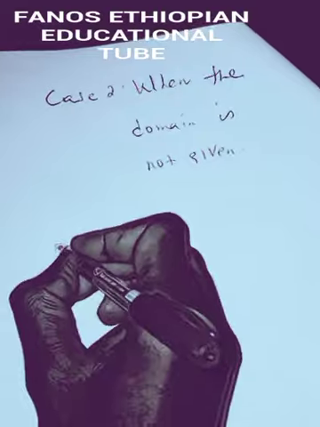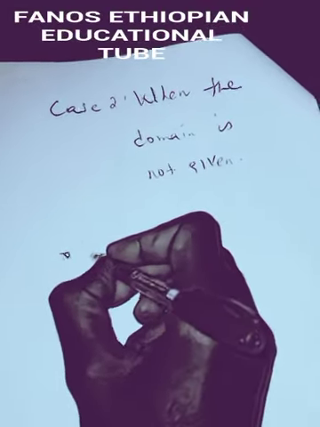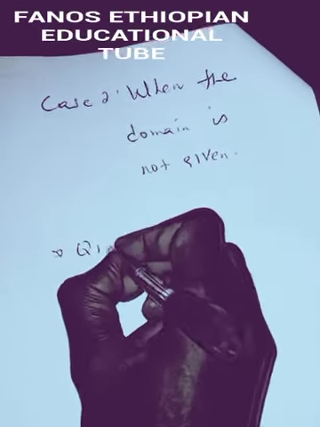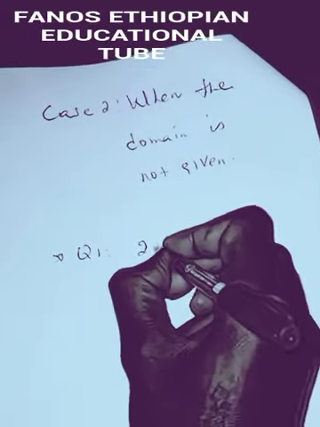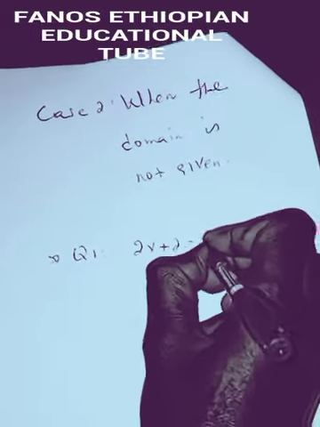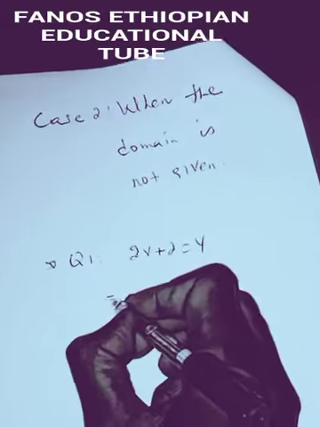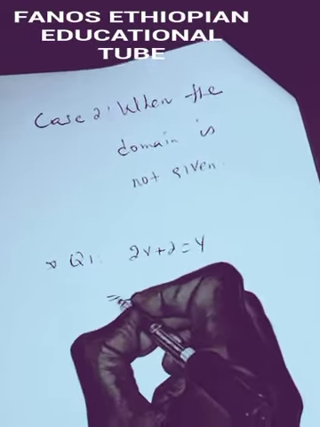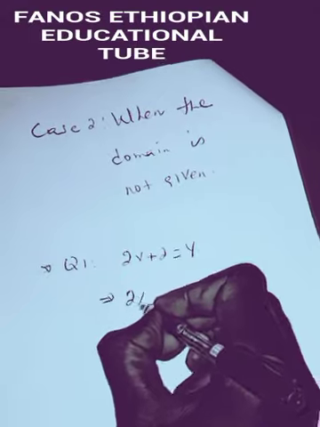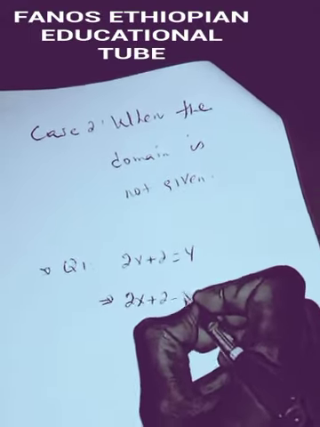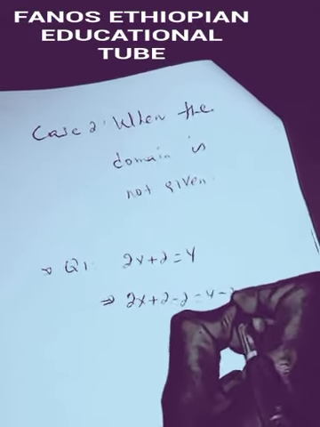For example, in the question above, we are given 2x plus 2 is equal to 4. If we use this as an example for case 2, 2x plus 2 minus 2 is equal to 4 minus 2.